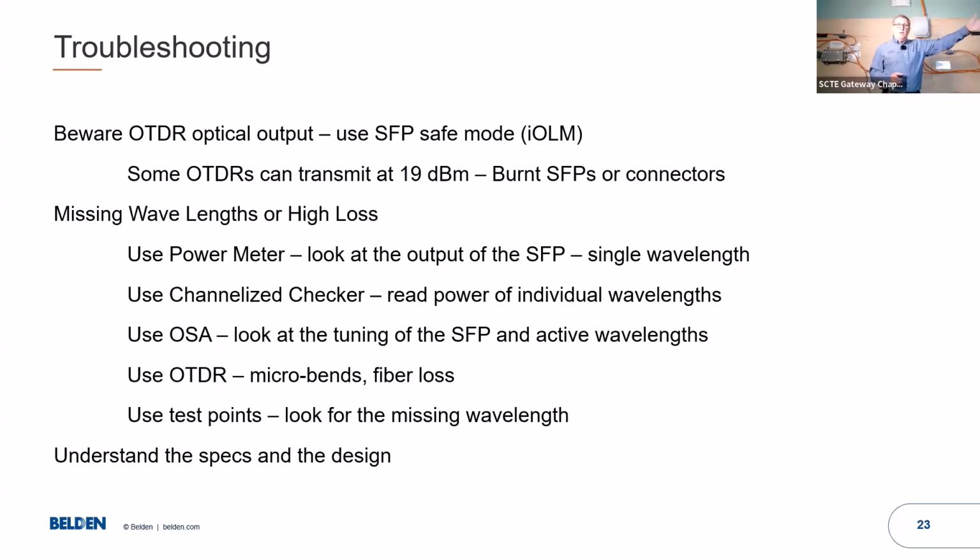EDFAs to go out to the long range ones were used for single nodes. Well, now an SFP is putting out 3, sometimes 0, sometimes -2, -4, depending on what you're using. So definitely, high levels will burn out SFPs and cause receiver damage.